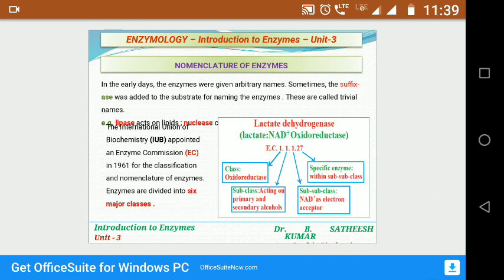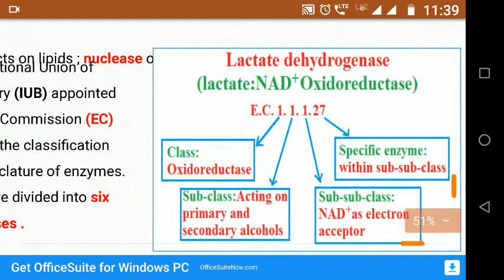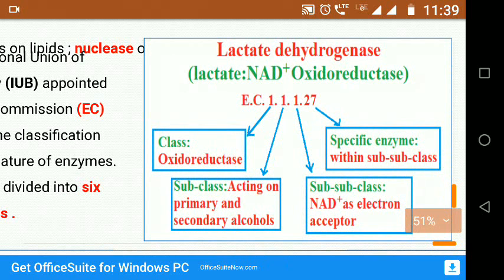That number is called the EC number. We have one particular example in this slide, lactate dehydrogenase. If we take this example, we have 4 numbers. The first number belongs to the class of the enzyme.